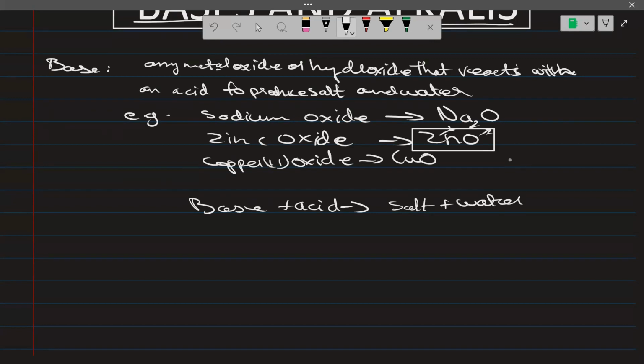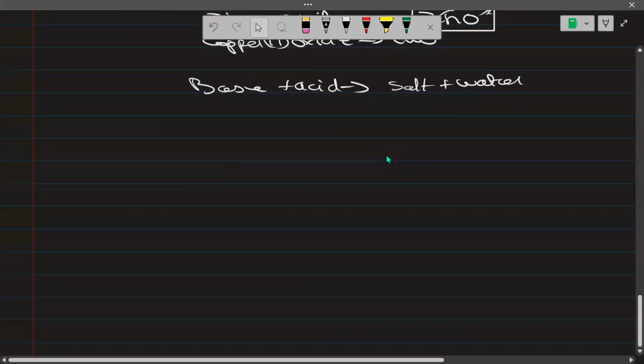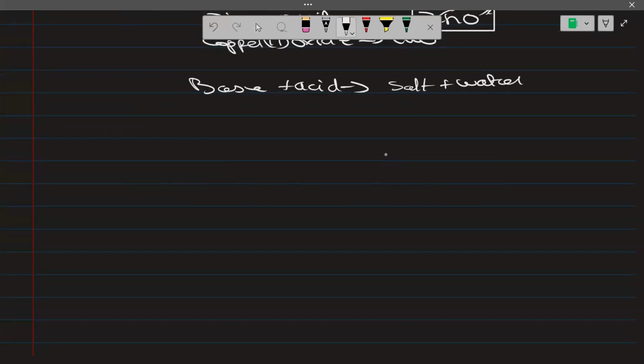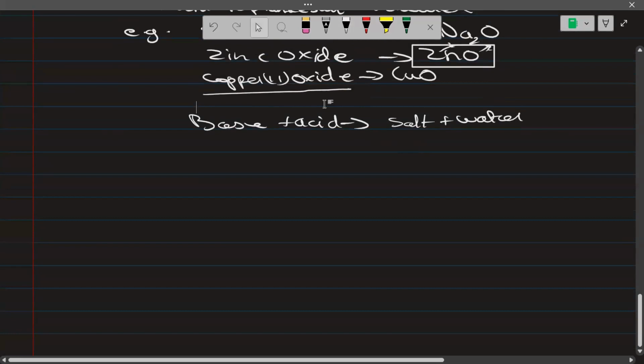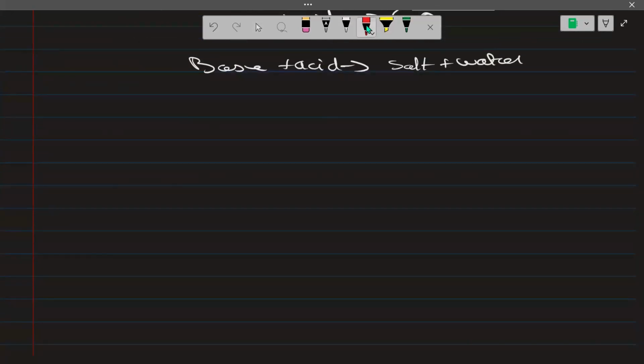We can write this base plus acid reaction, like you may take a base, copper oxide. As we have seen, copper oxide is a base, right? So let's take copper oxide and an acid, dilute sulfuric acid. Copper oxide is CuO, a solid base mostly, and H2SO4 is aqueous dilute sulfuric acid.